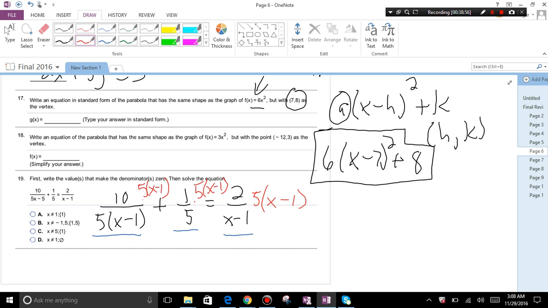When you do that, after this step, there should be no more denominators. And that's what happens here. 5 times x minus 1 completely cancels with this 5 times x minus 1, leaving a 10, plus this 5 and that 5 cancel, and then this 1 multiplies the x minus 1, leaving an x minus 1.